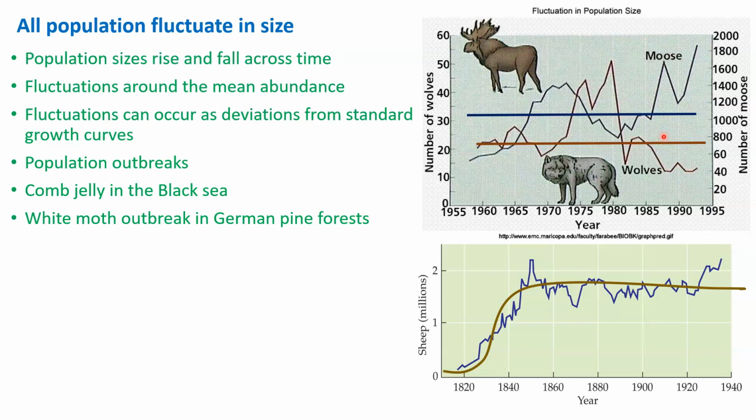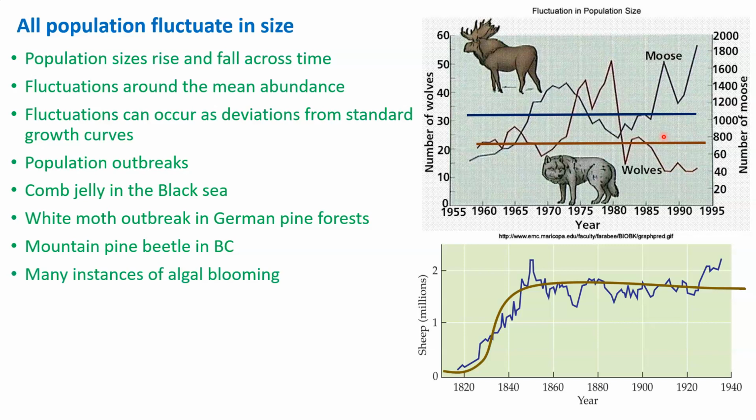And in German pine forests, the outbreak of winter moths also led to a massive population outbreak. And in British Columbia of Canada, mountain pine beetles also rapidly expanded throughout pine forests, and that outbreak was primarily driven by warming nighttime temperatures and warming winter temperatures in Canada.